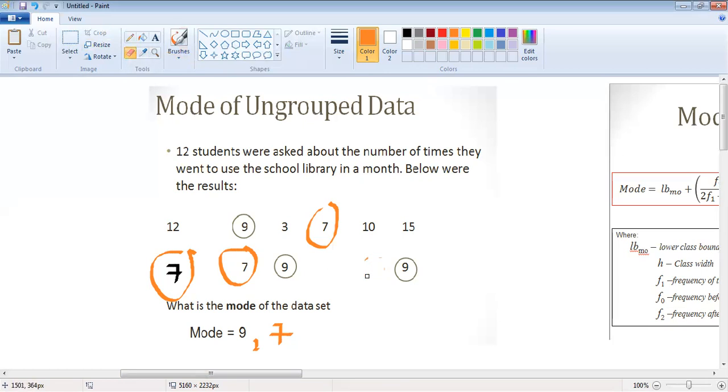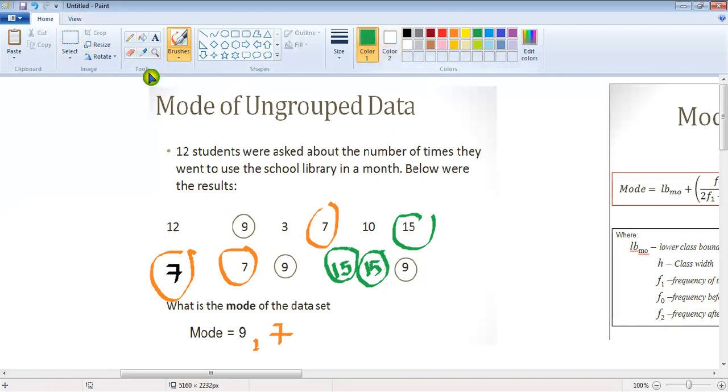I'll just make it with a different color. In this case, 15 also appears 3 times. So I have 3 data here that have the same most frequency. So I have 7, 9, and 15. In this case, there will be no mode.